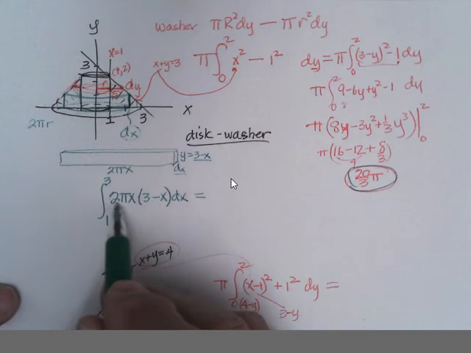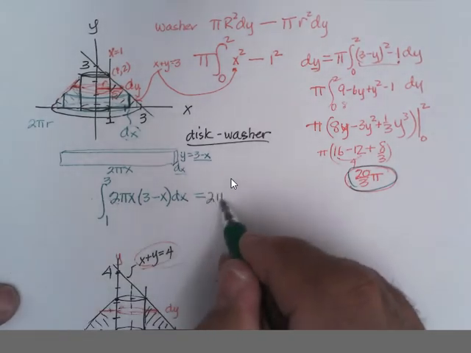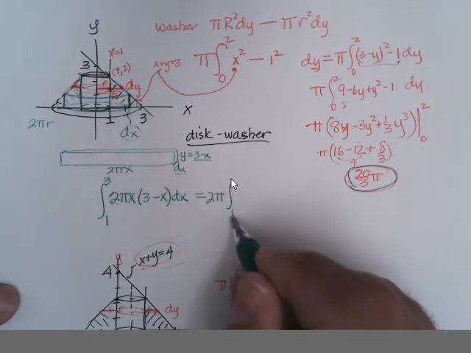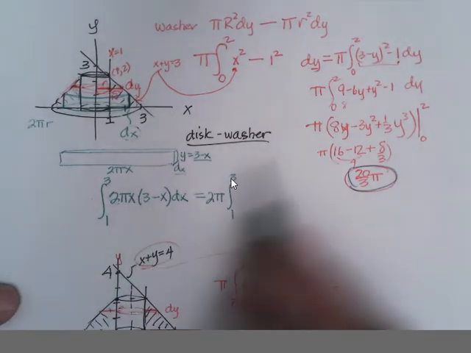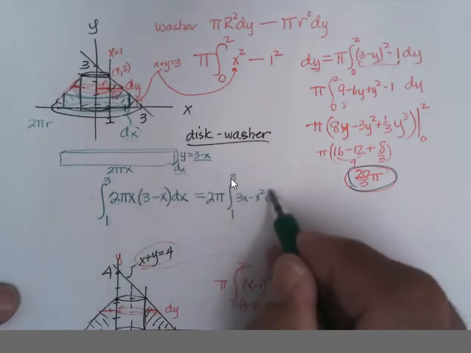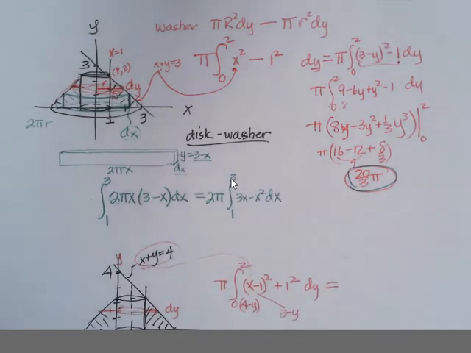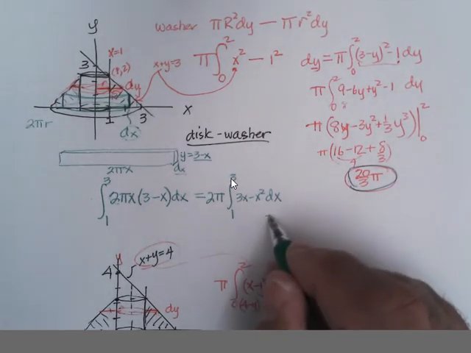So we get 2 pi, which can come out, and I'll have the integral from 1 to 3 of x times 3 minus x, which is 3x minus x squared dx. The antiderivative of 3x is 3 halves x squared.